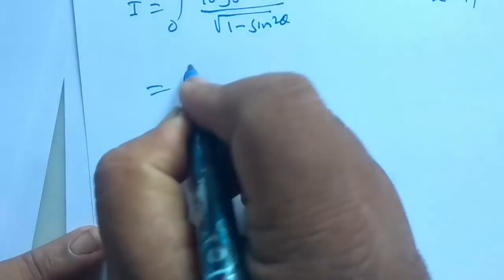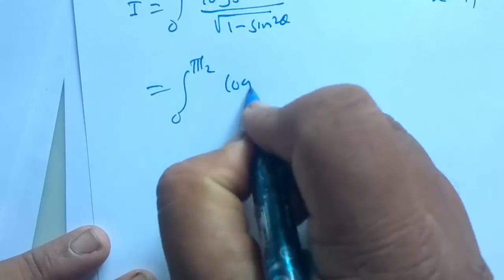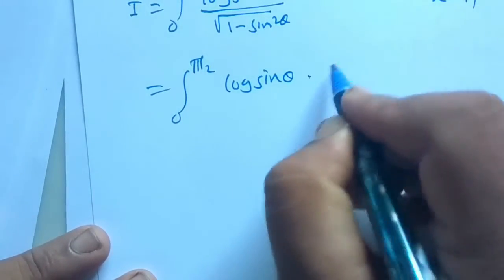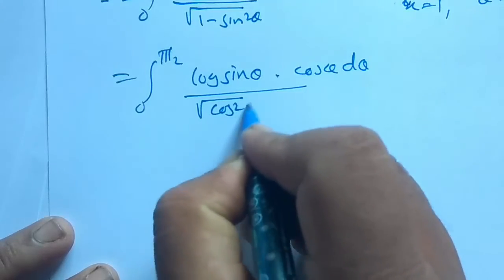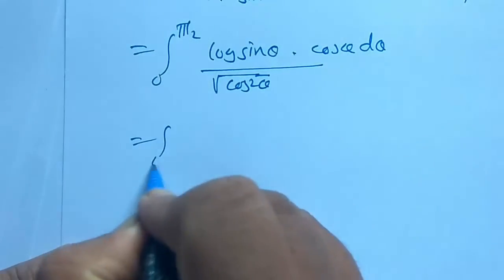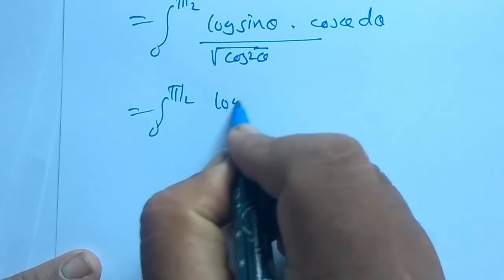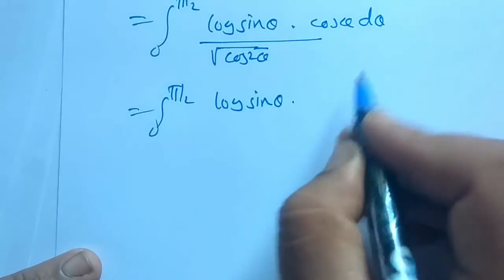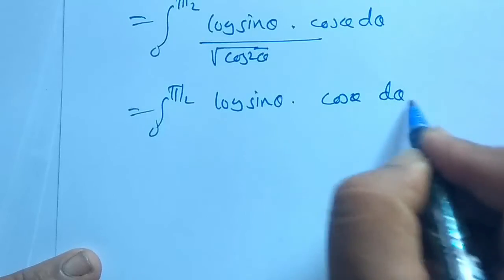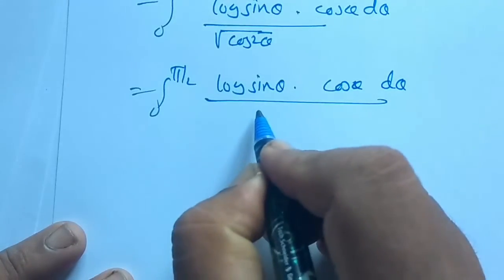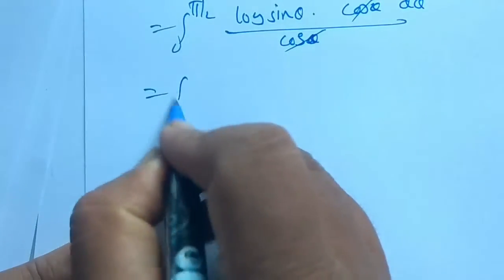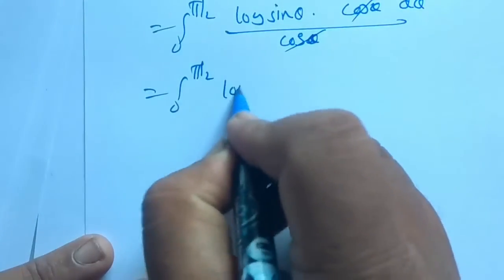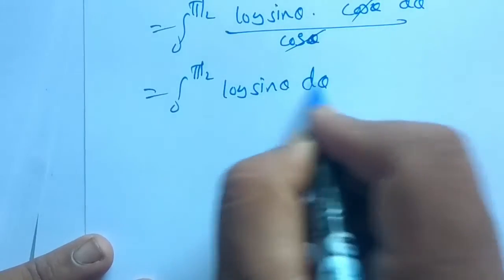Under root of 1 minus sin square is cos square by identity, and under root of cos square is cos theta. So cos theta gets cancelled, leaving the integral from 0 to pi by 2 of log of sin theta d theta.